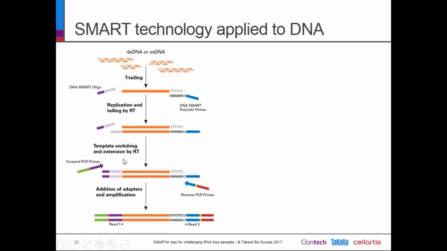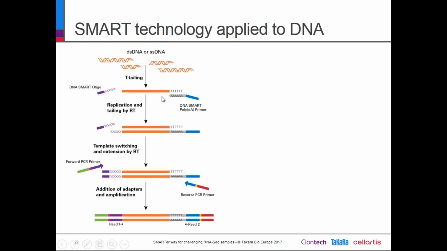We are using the same RT, but to be able to prime this single-stranded DNA, we need first to add a poly-T tail, and then we will use an oligo-dA primer. So kind of the opposite of what we do with RNA. But the consequence is the same.